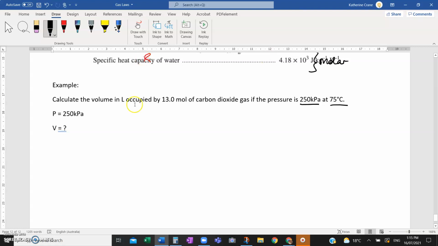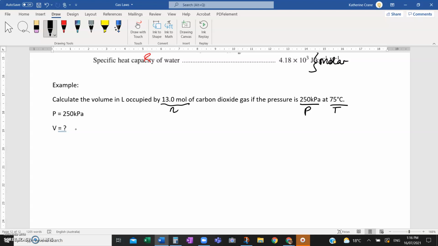So what we're going to do here, and I've gone to typing because my computer is not quite working so well. What is the volume in litres occupied by 13 moles of carbon dioxide gas if the pressure P is 250 kilopascals and the temperature is 75 degrees Celsius? Let's see what we've got. Pressure, 250 kilopascals.